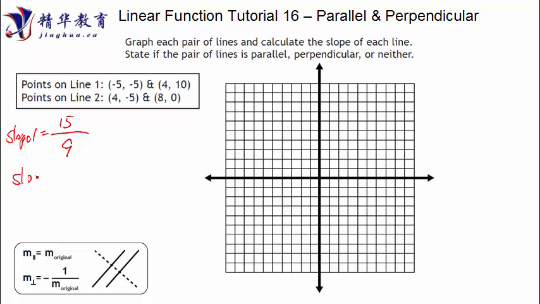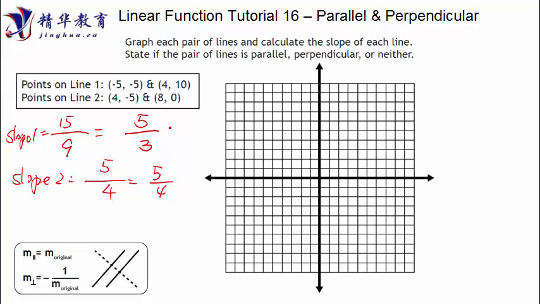The slope 2 equals 0 minus negative 5, which is 5, over 8 minus 4, which is 4, so 5 over 4. And this one simplifies to 5 over 3. These two are not the same and not negative reciprocals. So these two lines are not parallel and not perpendicular.